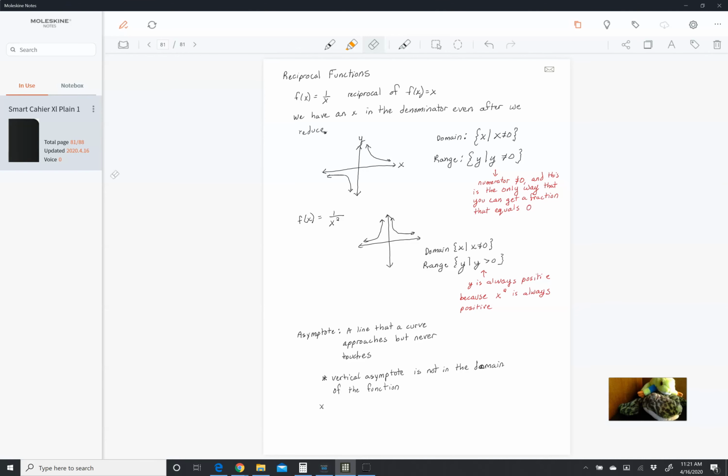And a horizontal asymptote is not in the range of the function. That's what we're really going to be talking about today is asymptotes.